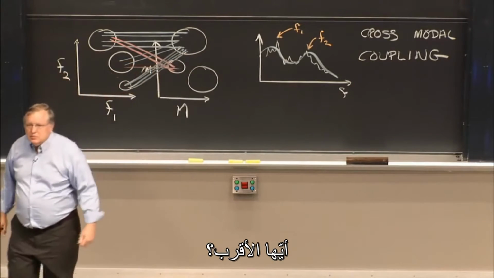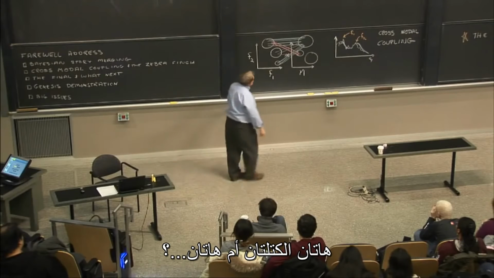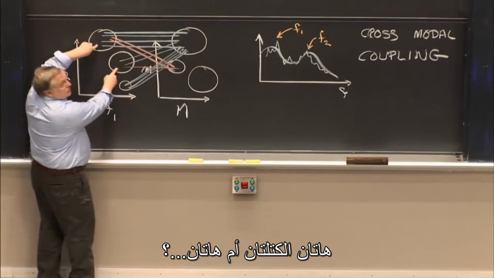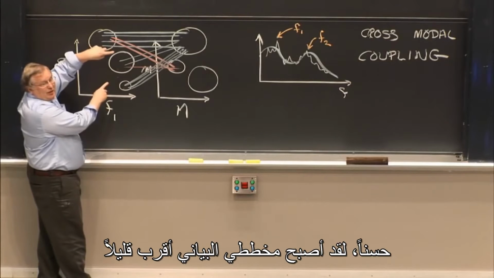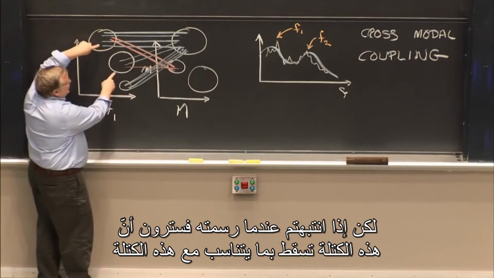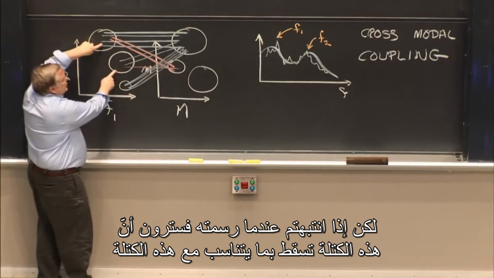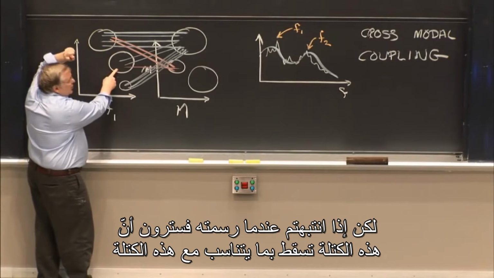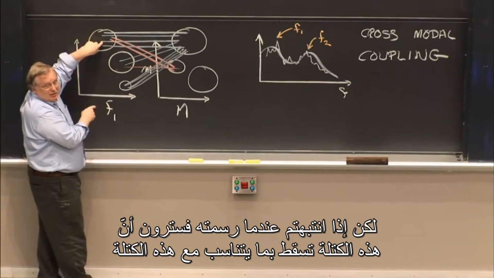Which are closer? These 2 or these 2? Well, my diagram's getting a little messy, but if you paid attention when I was drawing it, you would see that this guy projects in proportion to that guy.